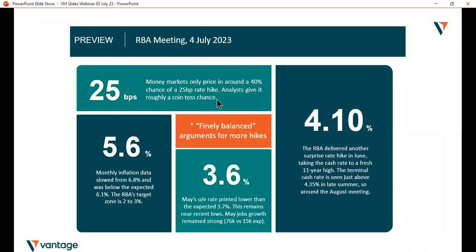Money markets think around a 40% chance, slightly less now, probably this morning towards 30%, of a 25 basis point rate increase. That means around a 60, 70% chance rates are kept unchanged.